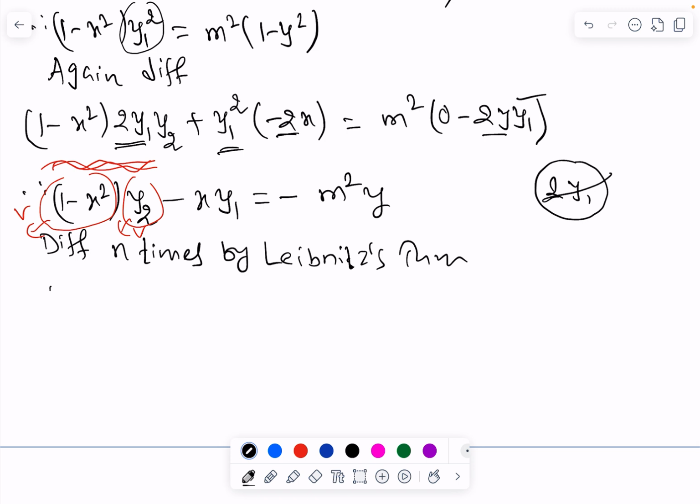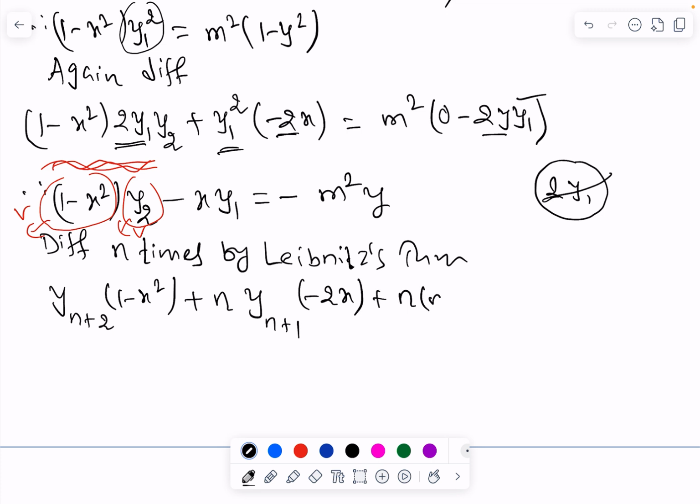So this is y n plus 2 and 1 minus x square as it is, plus nC1, n, decrease one derivative, so yn plus 1. Derivative of 1 minus x square is minus 2x, plus n minus 1 by 2, one less derivative here, yn, and derivative of minus 2x is minus 2. And next term will become 0. So for 1 minus x square y2, these are the three terms.